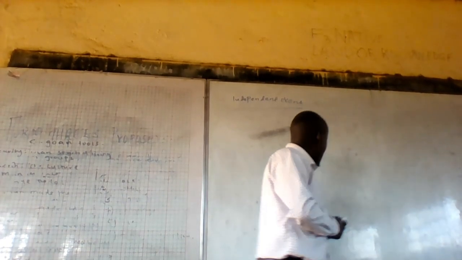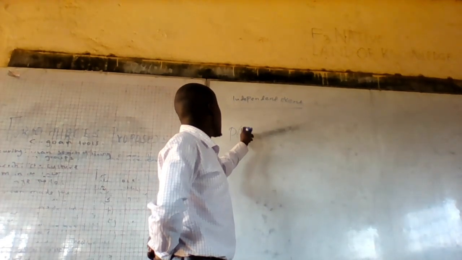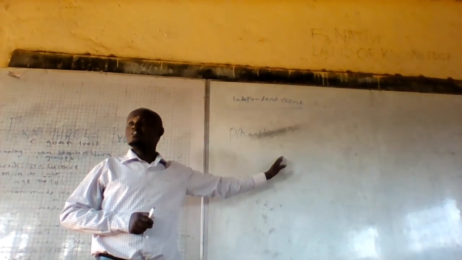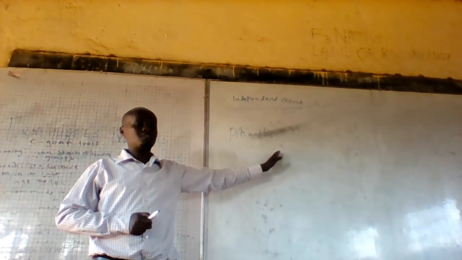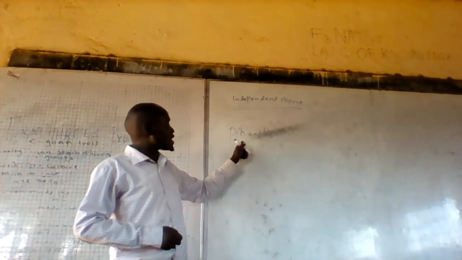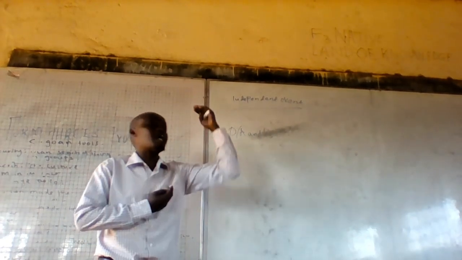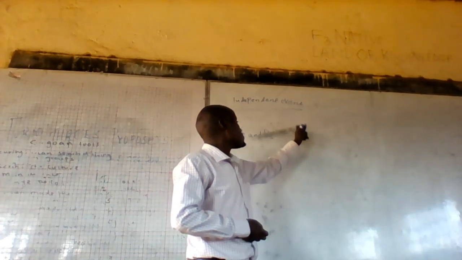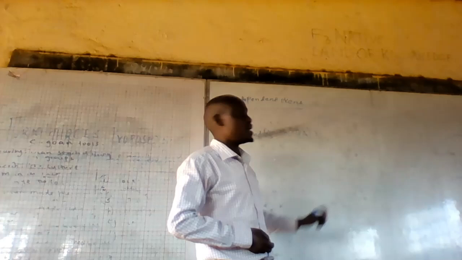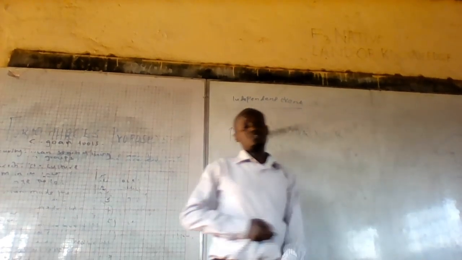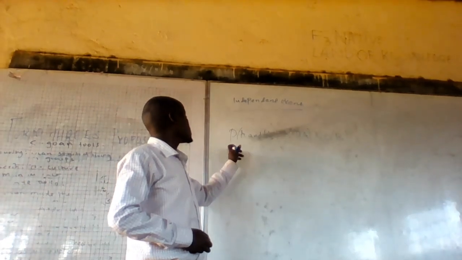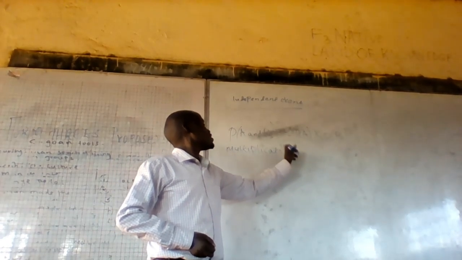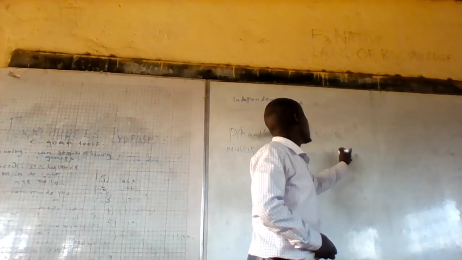What are we saying? We are saying if you have two independent events, A and B, then the probability of getting A and B, that is getting them together, getting a 6 on this side, getting a head on this side, at the same time, is given by the probability of getting A multiplied by the probability of getting B. And this is called the multiplication law of probability.